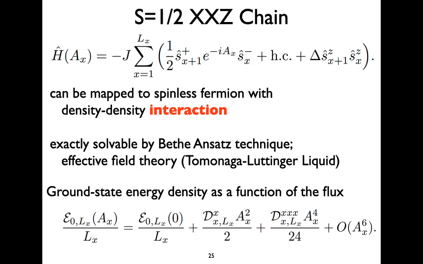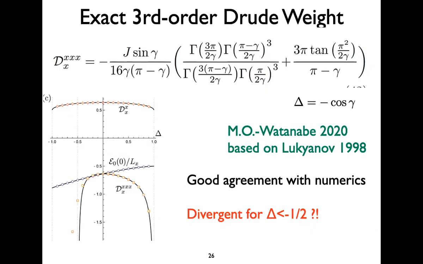In fact, by combining the Bethe ansatz and field theory methods, there is a remarkable old paper back in 1998 by Luciano, a real expert on this Bethe ansatz and field theory business. If you look up his paper, we can extract the higher-order Drude weight using the results in his paper.